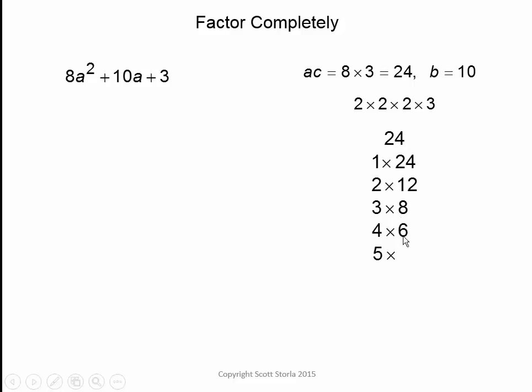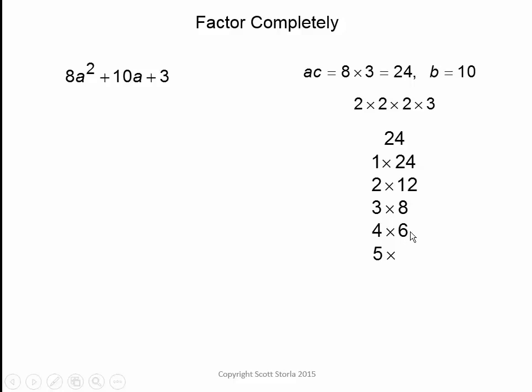Now I look through these pairs trying to find one which might add up to 10. Notice again that there are 2 that might work. 2 and 12 would add up to 10 if the 2 was negative, and 4 and 6 would add up to 10 if they were both positive.